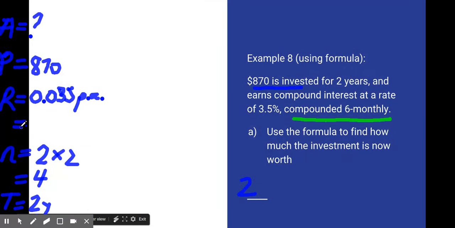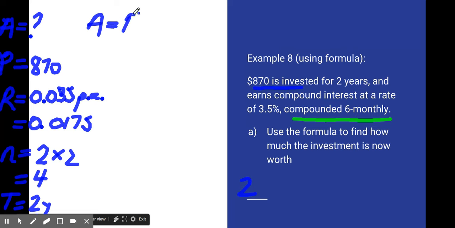So that 3.5 gets split up into 2 parts. So if I just divide that by 2, I get 0.0175. Very small number.